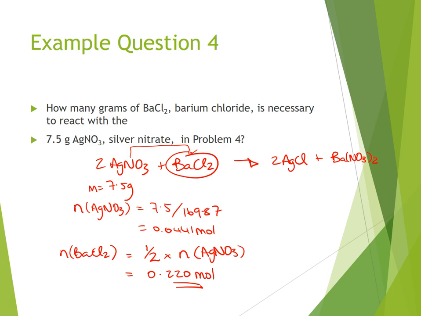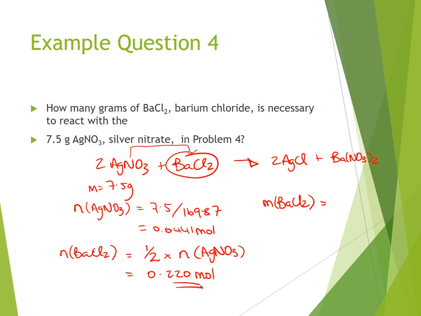Again, it is asking us for how many grams. So we're going to need to work out our molar mass. So the molar mass of barium chloride is going to be equal to the molar mass of barium plus 2 lots of the molar mass of chlorine.